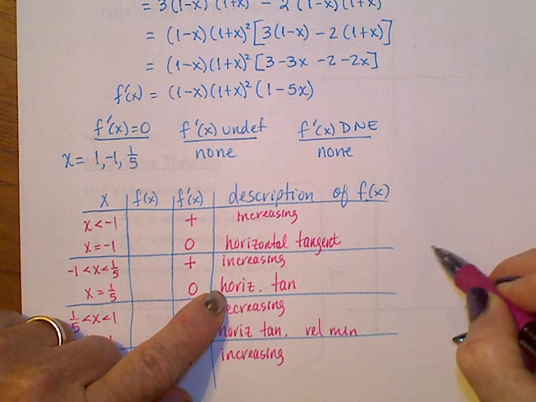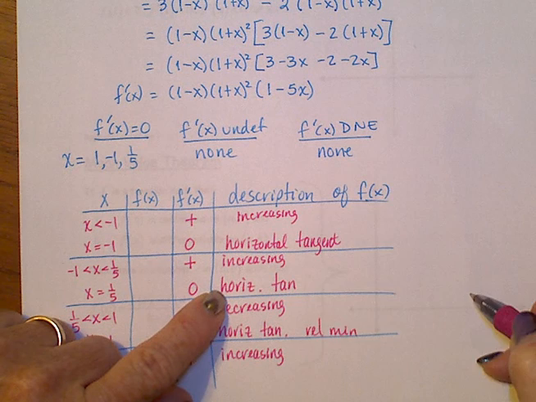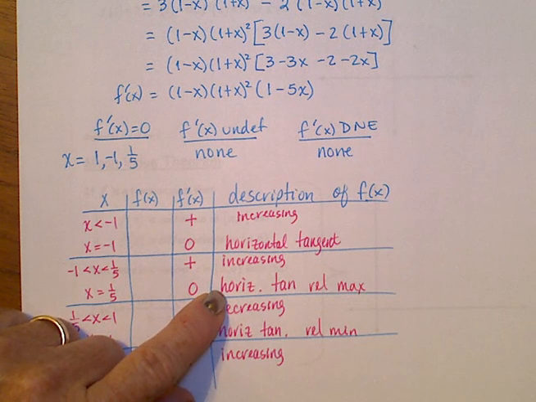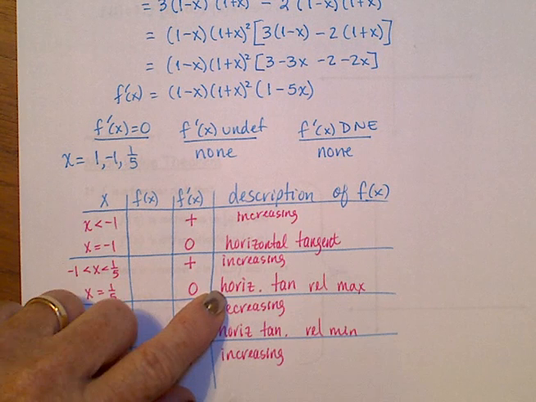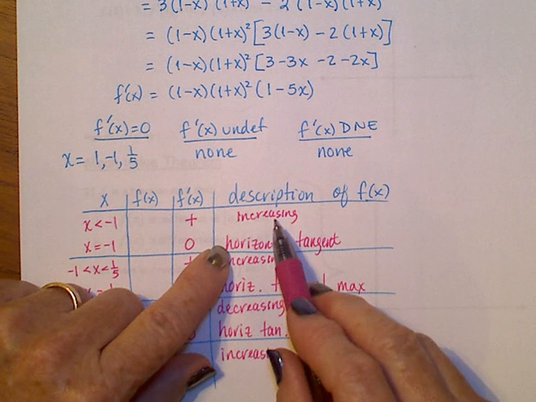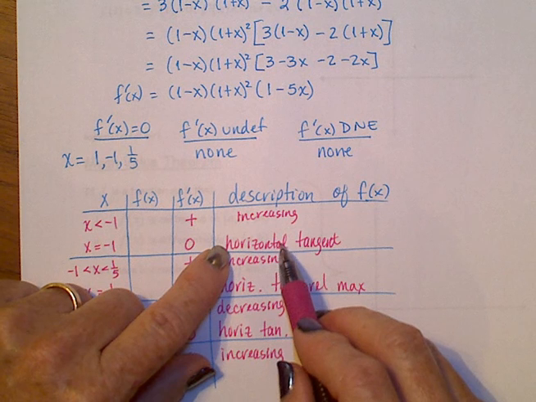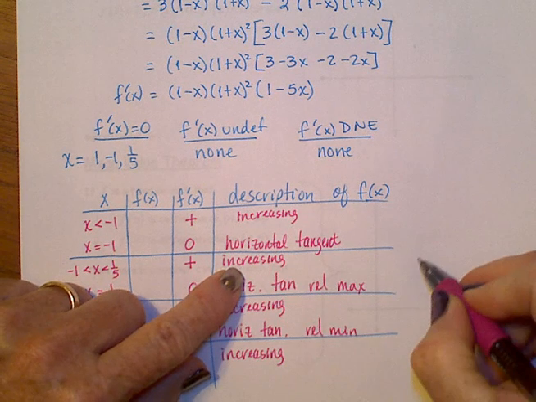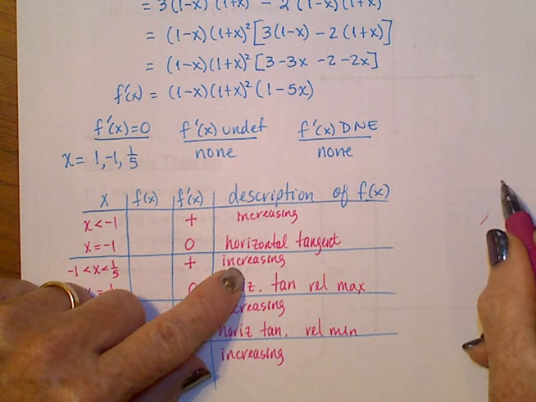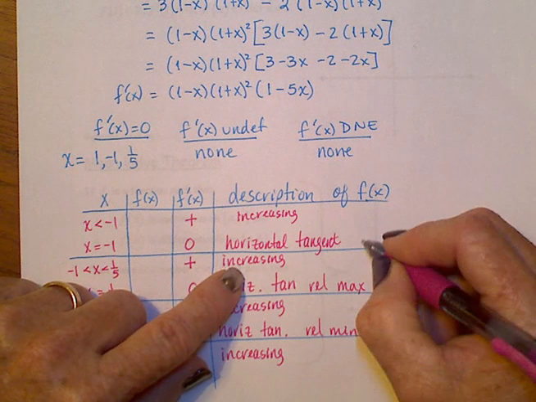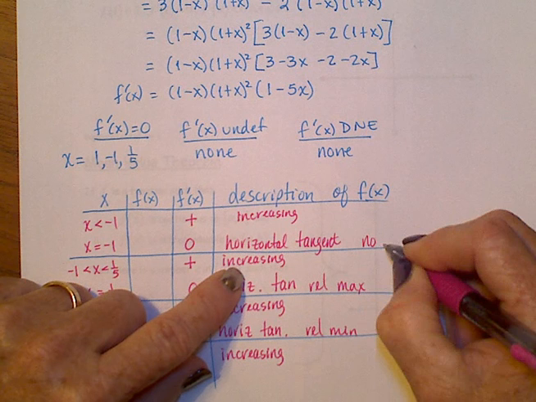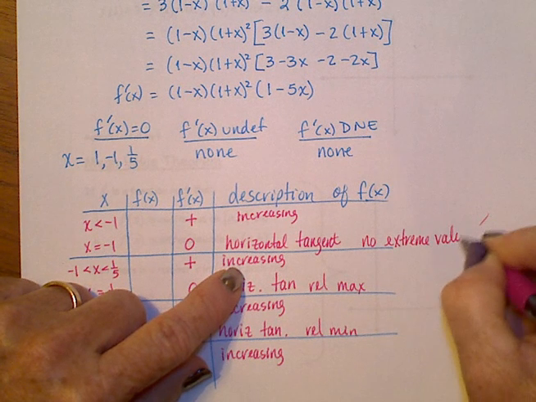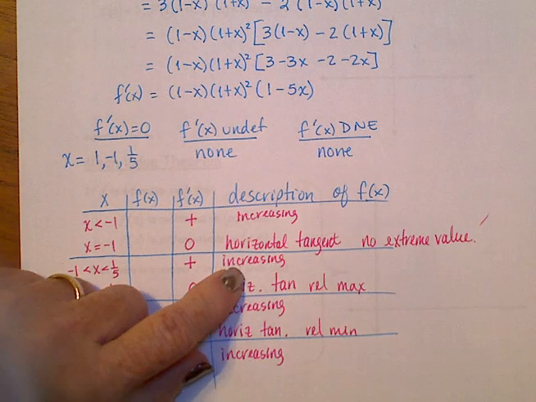Increasing, flatten out, decreasing. That's a relative max. And right here, this function is increasing, changing to a horizontal tangent, still increasing. Increasing, flattening out, increasing. There is no extreme value here, just a horizontal tangent.